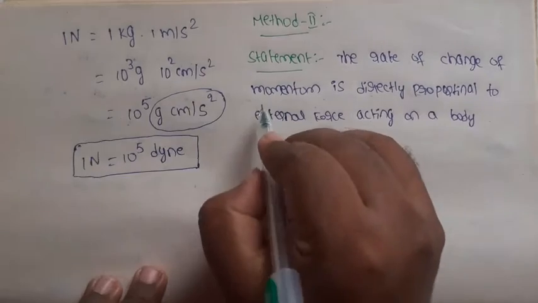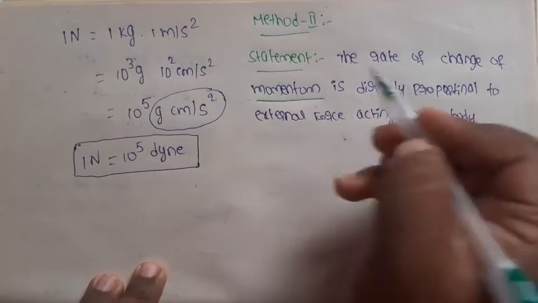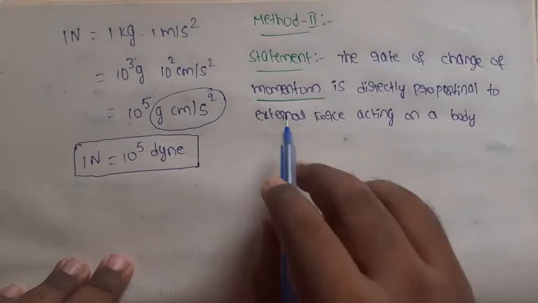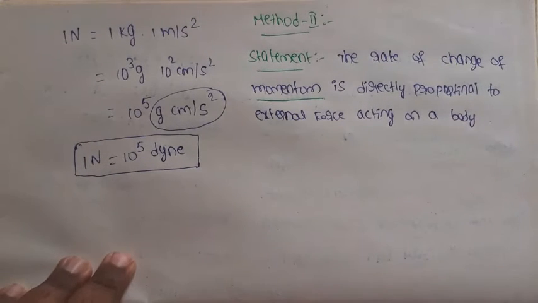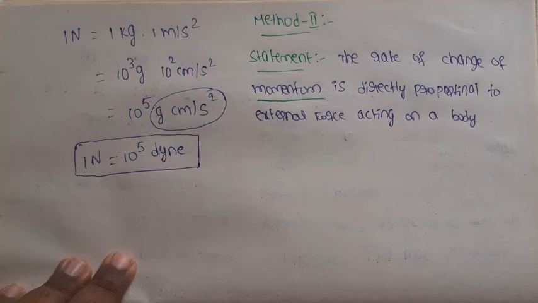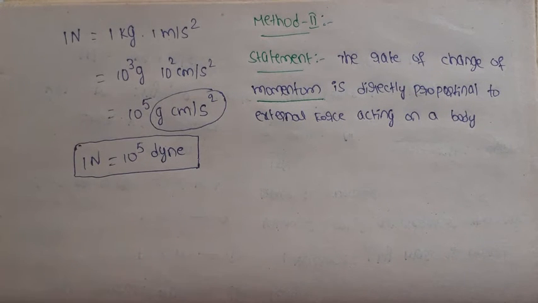Here we are using the momentum, so rate of change of momentum. You are changing the momentum of a body, and that depends on the external force acting on a body. If you apply more force on the body, then the body changes its momentum more.